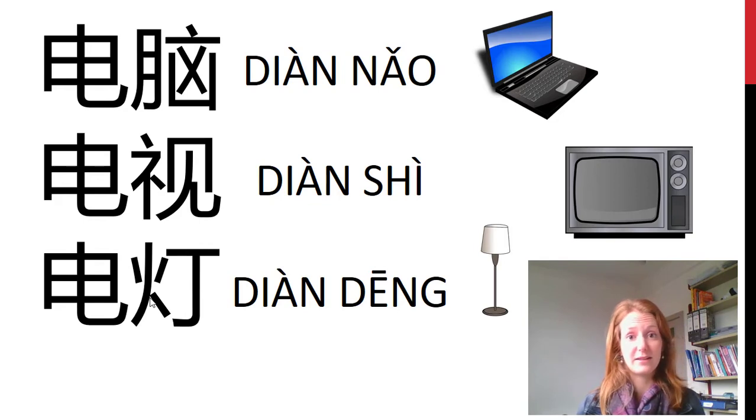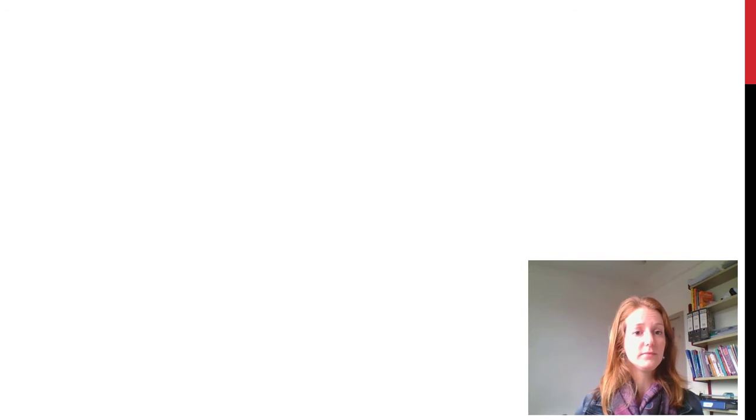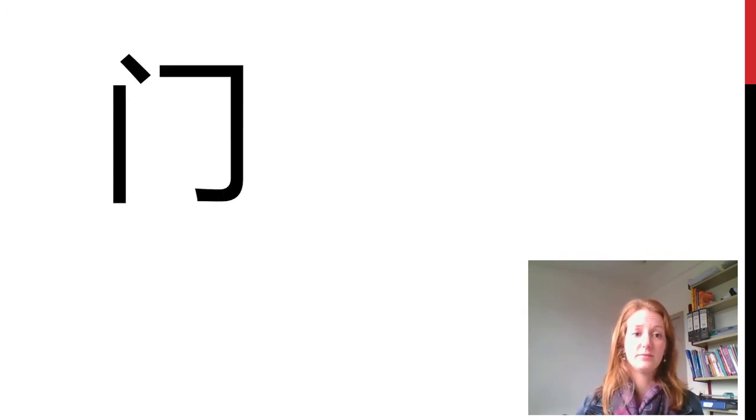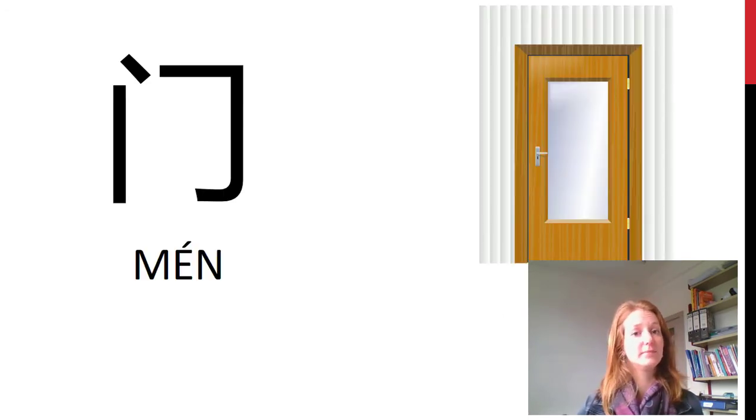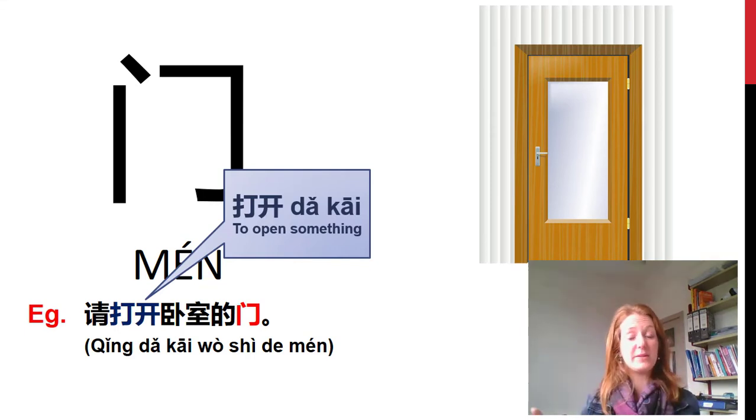The very earliest lights were fire, so that is where we get 灯, a lamp or a light. 电灯。我的卧室里有3个电灯。这是什么？这是门。请打开卧室的门。打开 to open something. Remember in class I say 打开书 open your books.